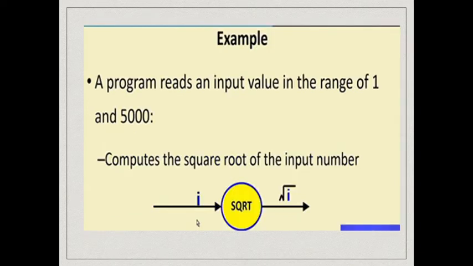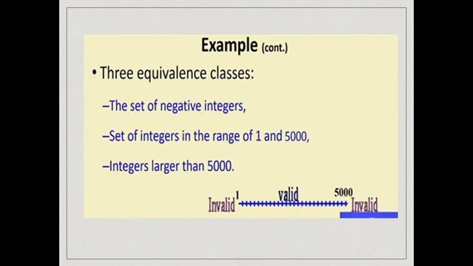Let's take another example where we have a function named square root which takes an input value in the range of 1 to 5000 and produces the square root. By observing the input value, we find that there is one valid equivalence class and two invalid equivalence classes.